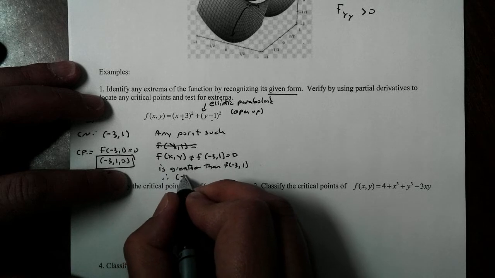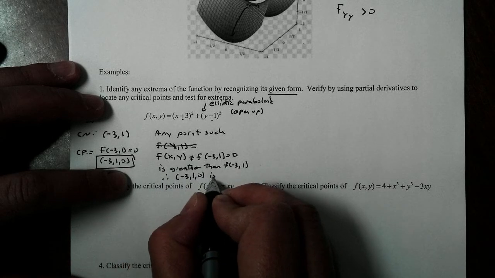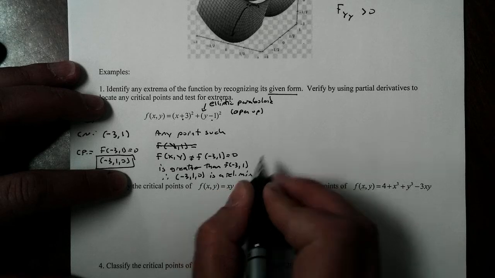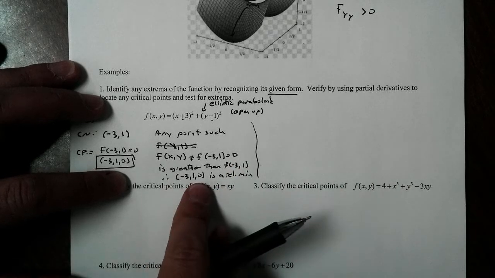Therefore, our point, negative 3, 1, 0, is a relative minimum. Now that's by recognizing it.